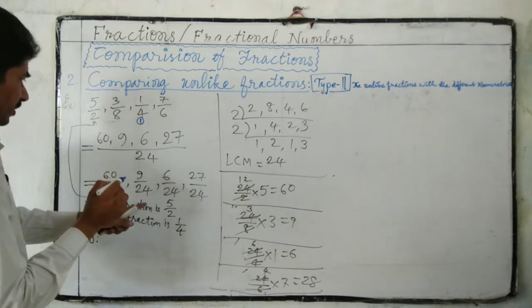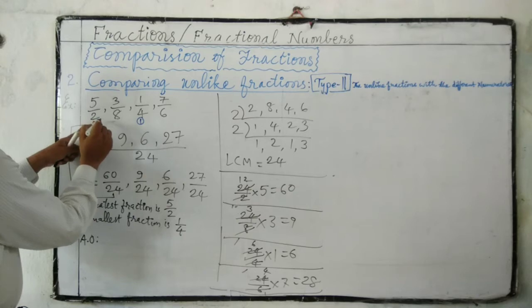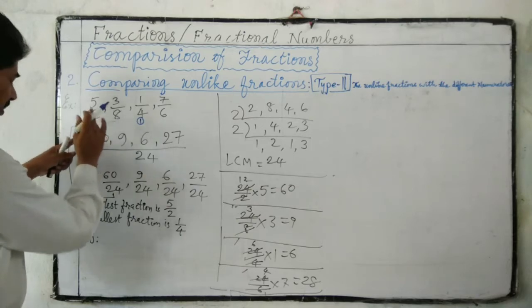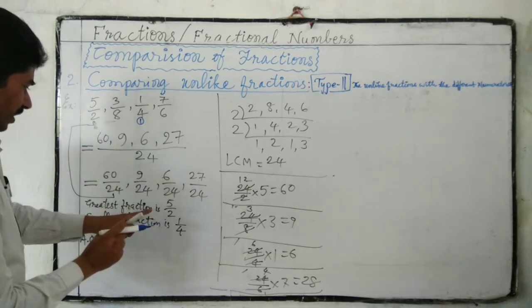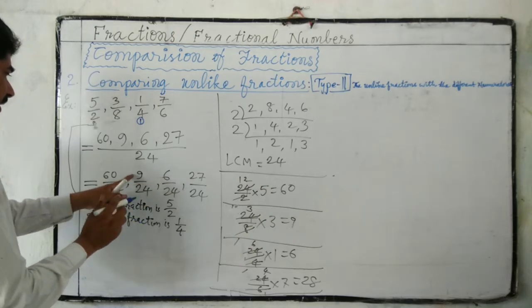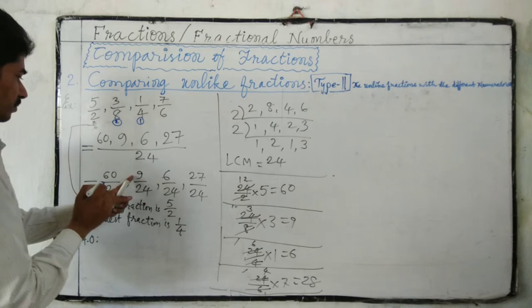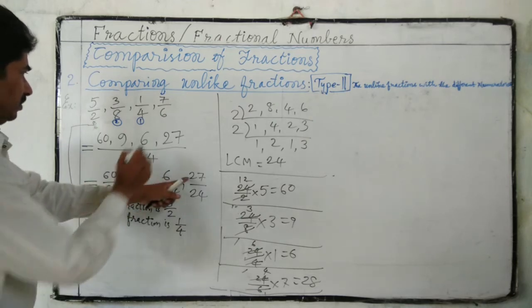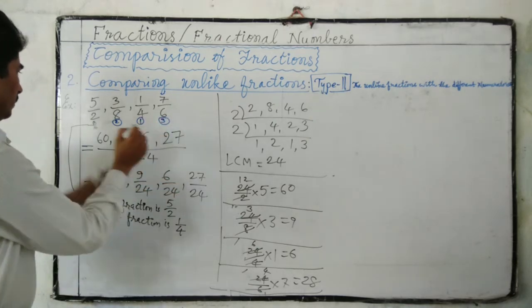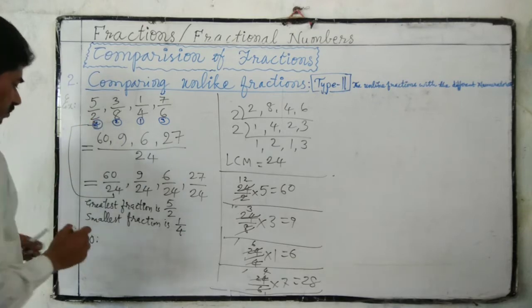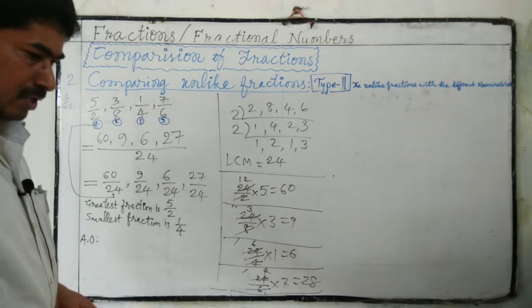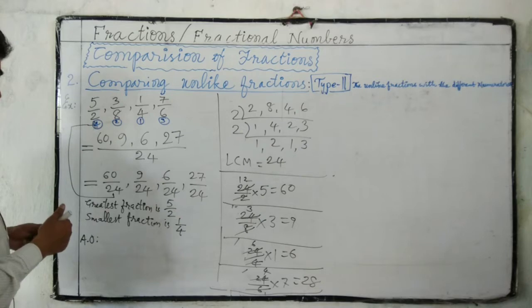Next, 5 by 2. This is the largest. But the second one, 6 after 9, 9 is second. This is the second position. Next, this is the third position. This is the fourth position. So now we can write easily in ascending order.